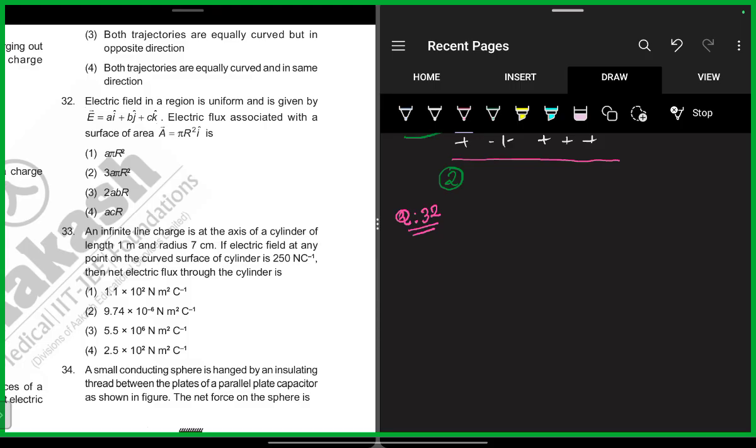We need to find the flux, which is nothing but the dot product of electric field and area.